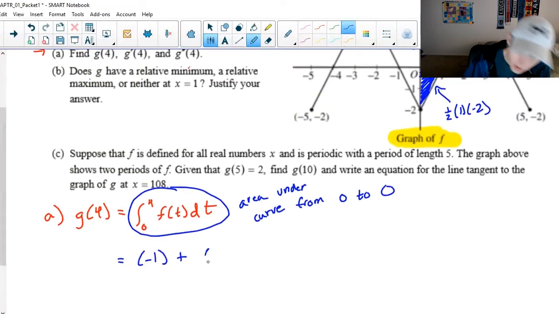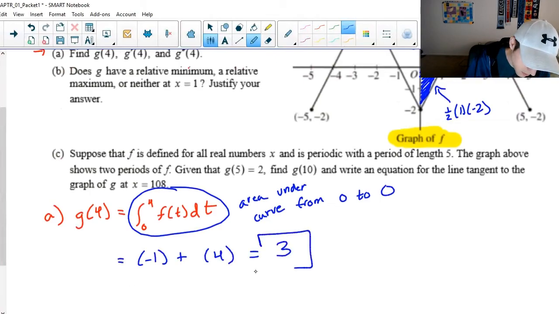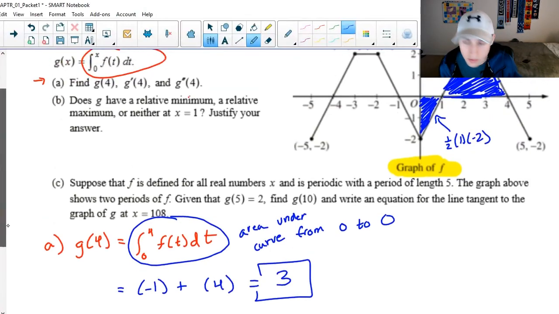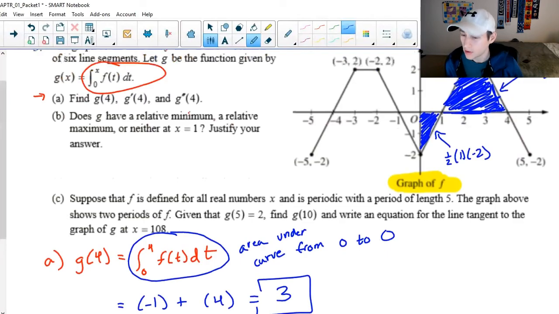So that second area of the trapezoid is 4. Boom. So g of 4 is 3. And we were able to determine that just by looking at the area on the graph and actually calculating that area.